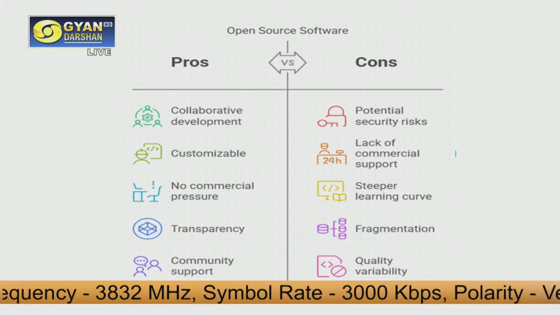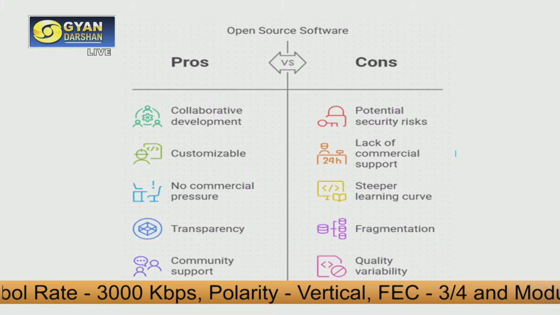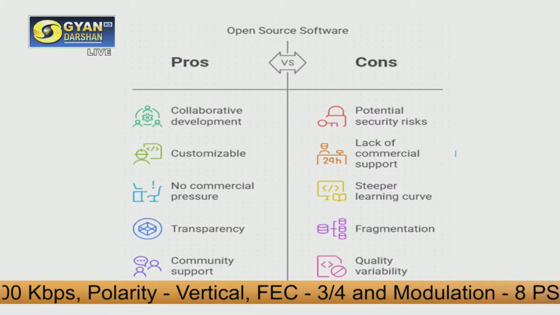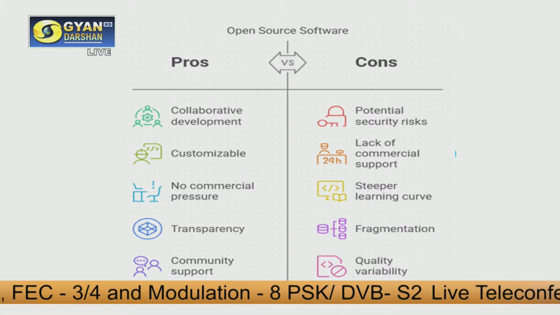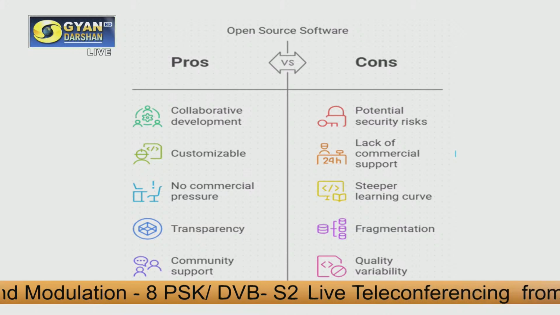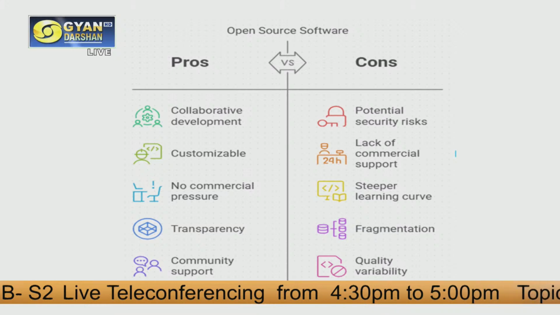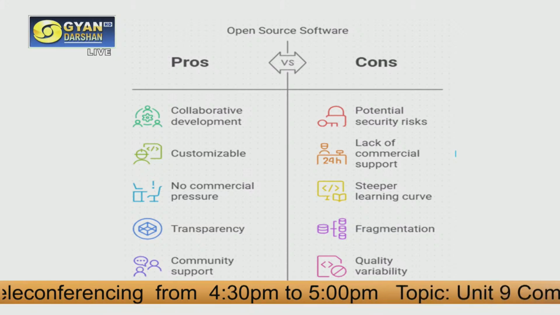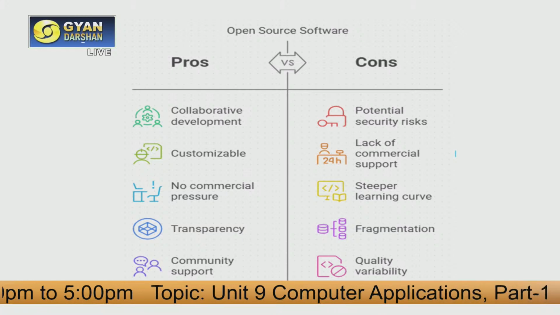But there are some pros and cons of using the open source softwares. Although the open source softwares provide collaborative development and they are quite customizable and there is no commercial pressure, the community support and transparency, which is somewhat very much required, is provided in the open source environment.